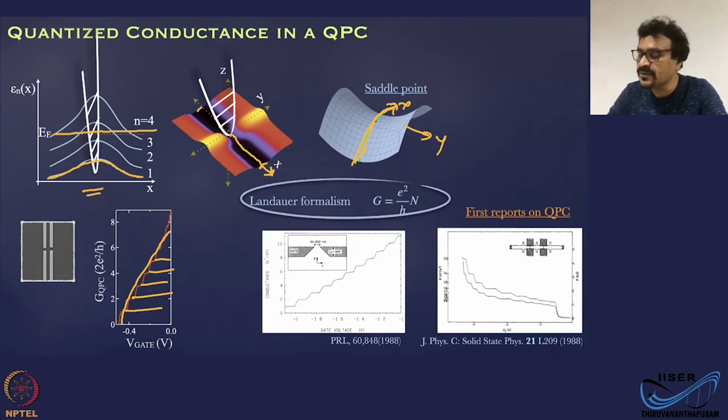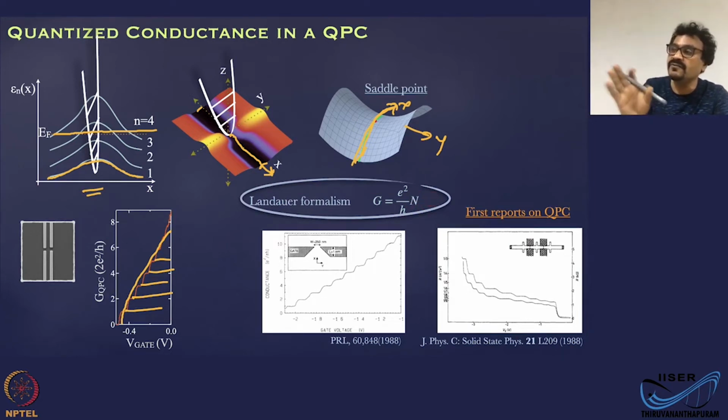The Landauer formalism is telling you that the conductance in one dimension is given by e square by h, that is the conductance quantum, quantized conductance, times the number of channels. When I say N here, it means the number of reflectionless channels. That means there is no reflection or backscattering in that channel.